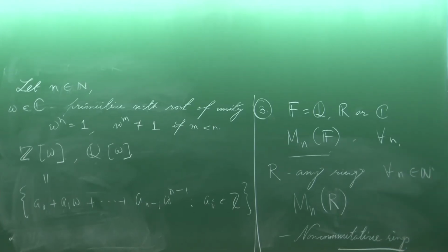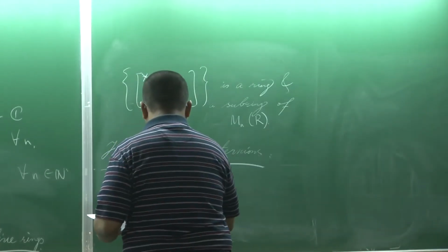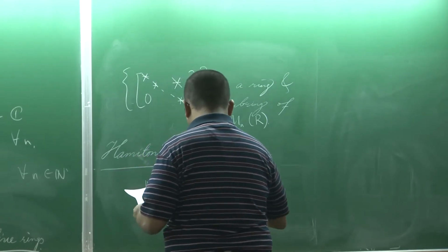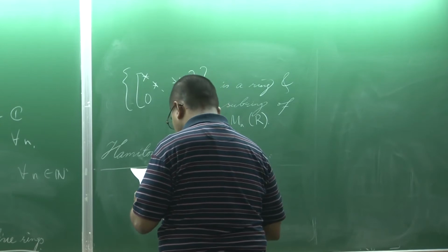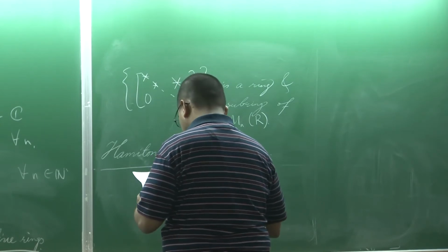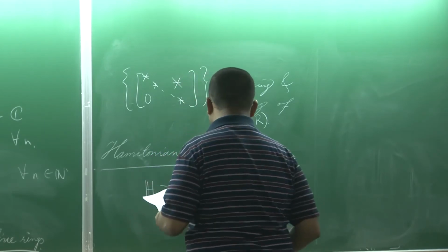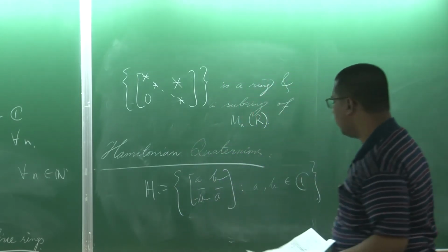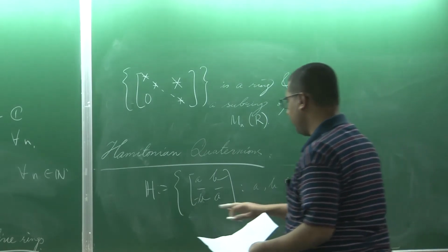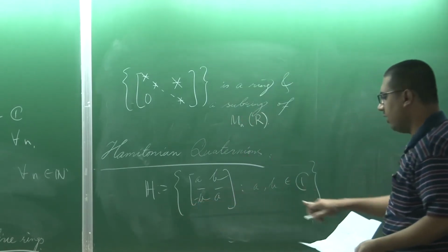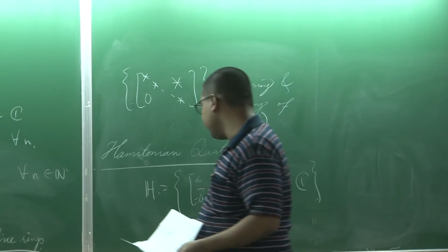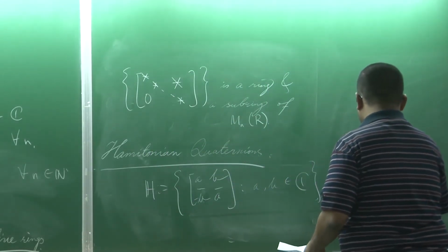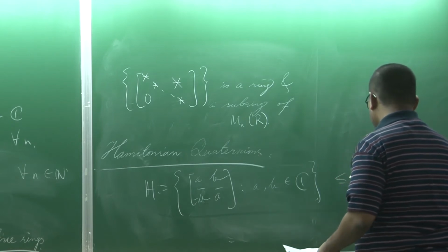So, we consider all matrices of this form, (a, b; minus b bar, a bar), where a, b are complex numbers. So, you can immediately check, by multiplying two matrices of this form, that this is a subring of M_2(C).